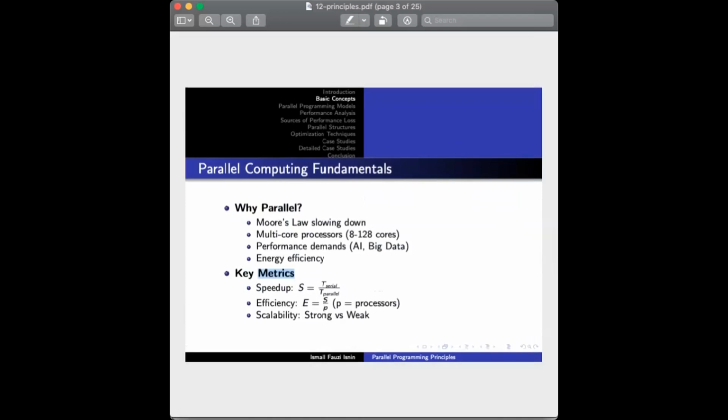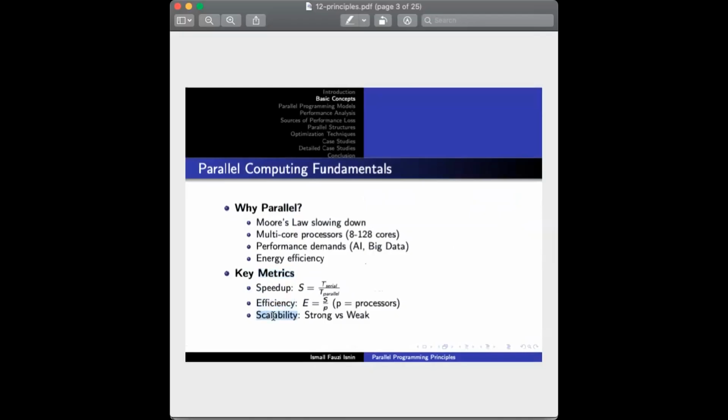For the efficiency, which measures how effectively we utilize our hardware, we divide the overall speedup by the processor count, which is P. So this is how we calculate the efficiency.